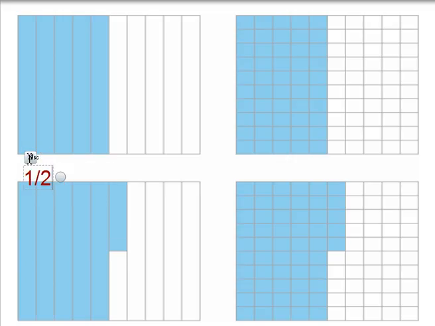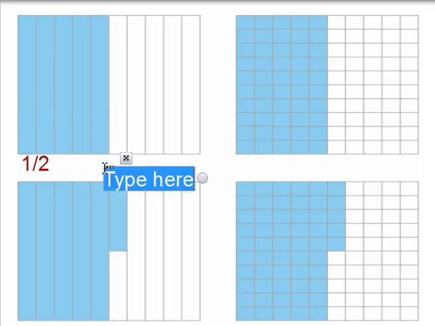We could write it as 1/2 of the garden is filled in, correct? Or we could count how many we have all together. We have 5 of them shaded in out of 10. 0.5 is writing it as a decimal. And what percent?